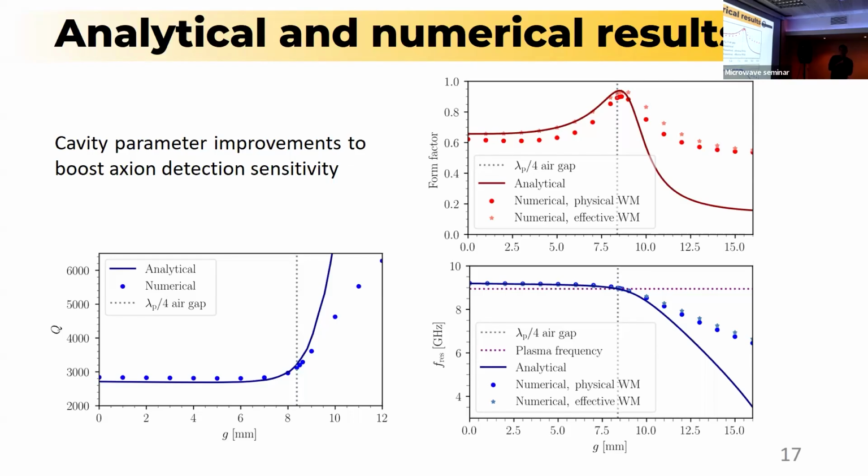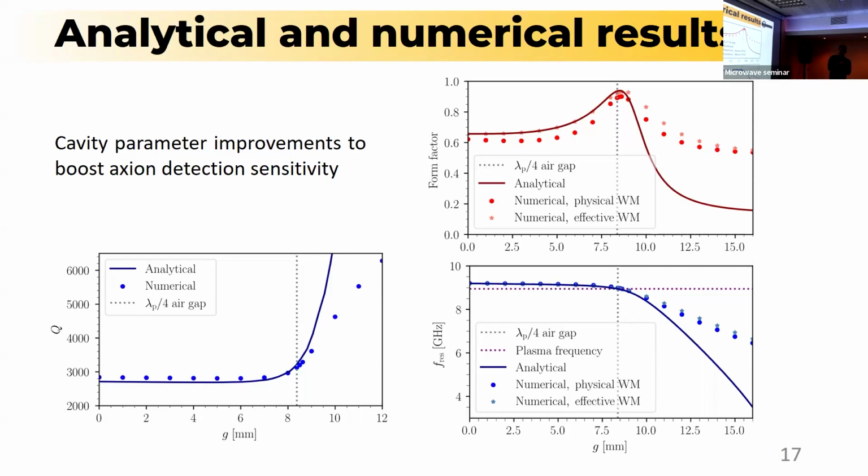And another numerical result, in which in COMSOL we model the wire medium as an effective one. We introduce the dispersion of this effective wire medium inside COMSOL to reproduce this result, following the stars in the plot.